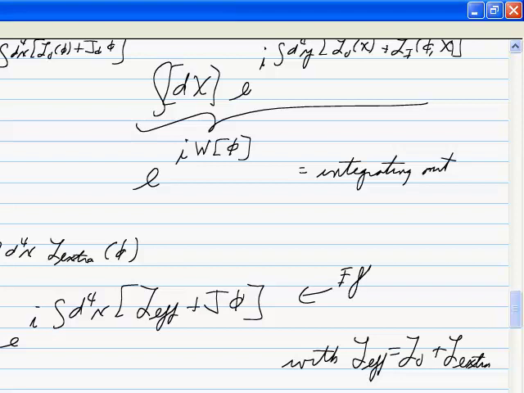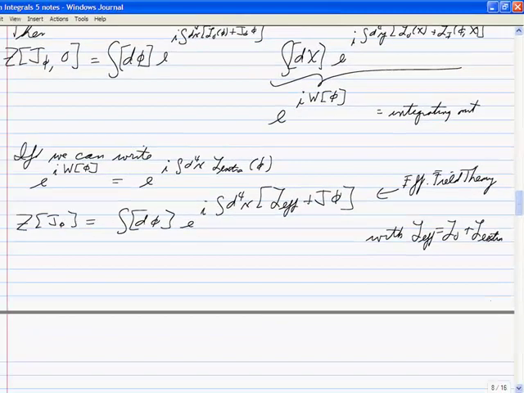Here's my effective field theory. It's an ordinary field theory, just like we would have written down, but with a changed Lagrangian, where the Lagrangian is now this effective Lagrangian that takes the usual piece plus whatever comes out from the integrating out part.